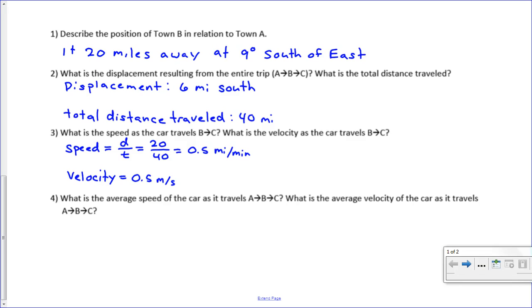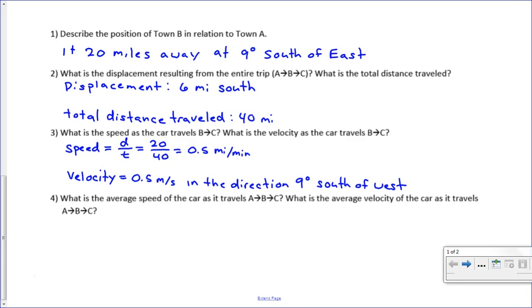All right, but it's going to be in the direction that we're going from B to C, which is 9 degrees south of west. All right, so velocity, you need the speed there, but you also need the direction that it's going in. Sometimes if we're talking about a number line, that will just be positive or negative, but since this one is talking about map directions or like the cardinal directions, that's where we get the south of west in there.